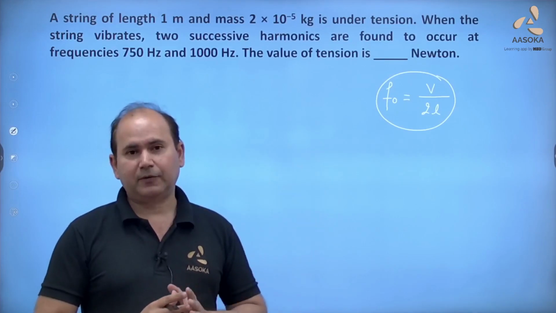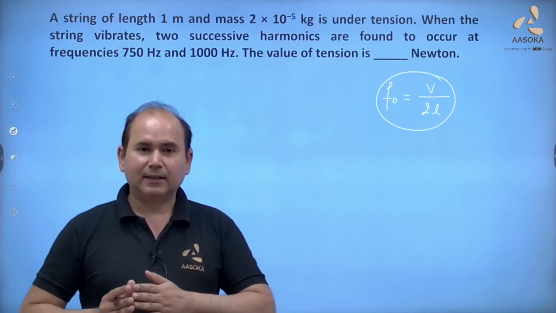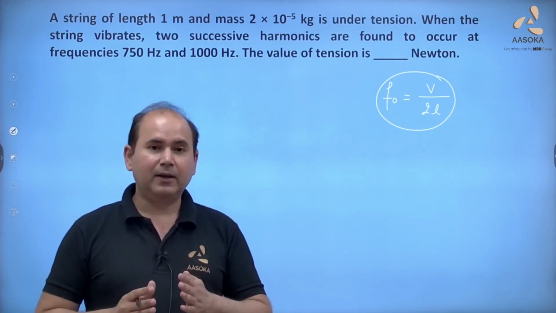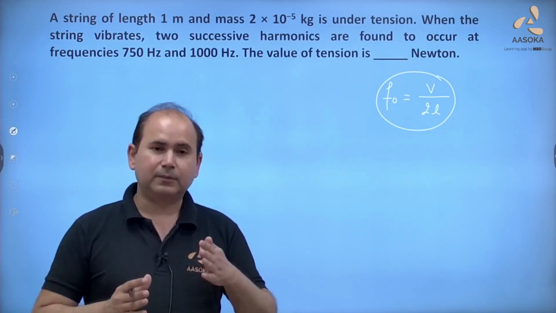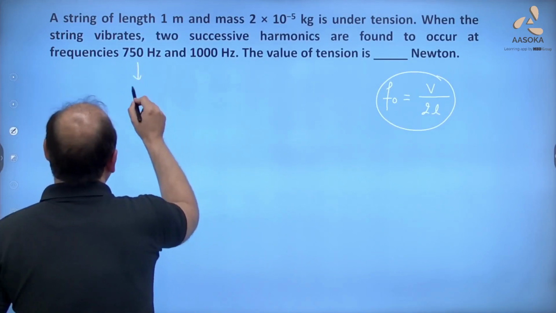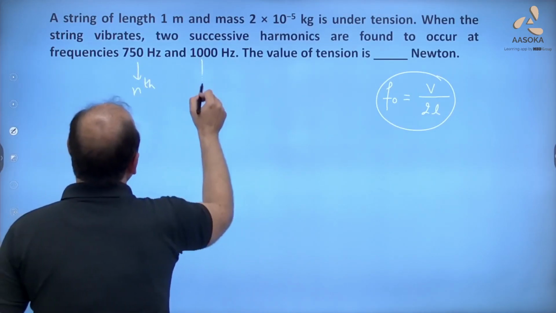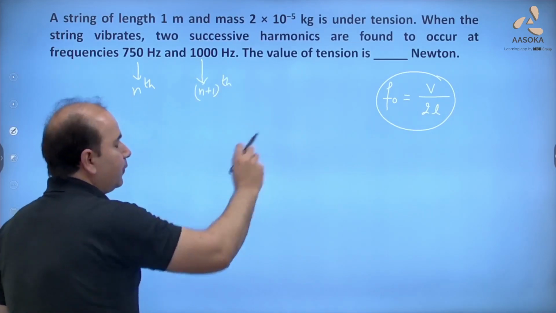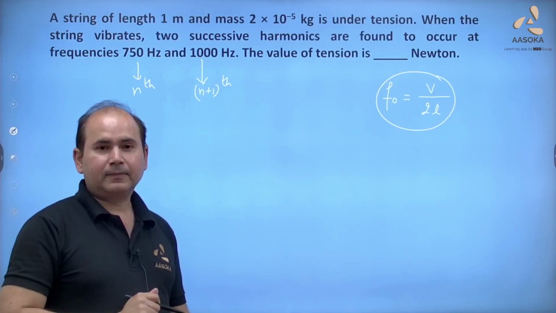F naught is the fundamental frequency. As I said, the frequencies of successive harmonics will be multiples of it. If one is the nth multiple, this will be the n plus 1th multiple of the fundamental frequency, right?